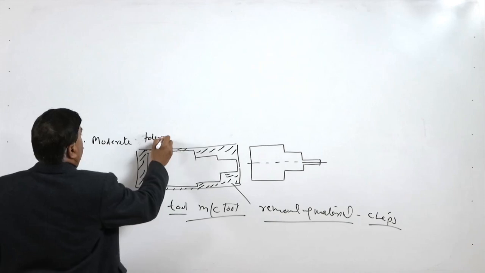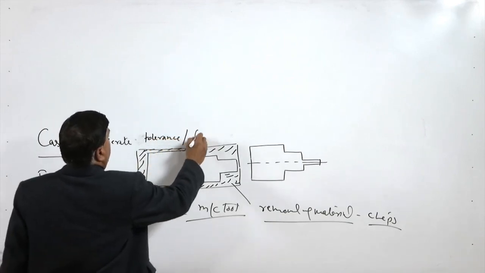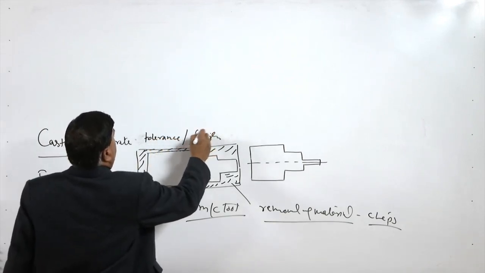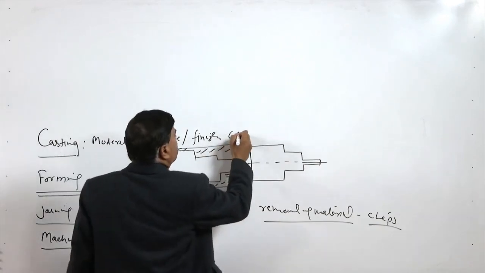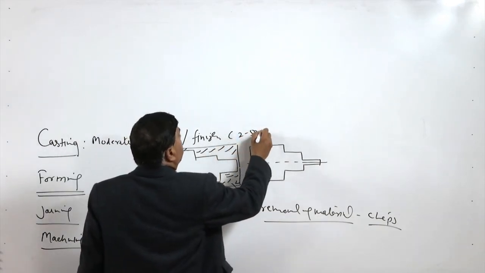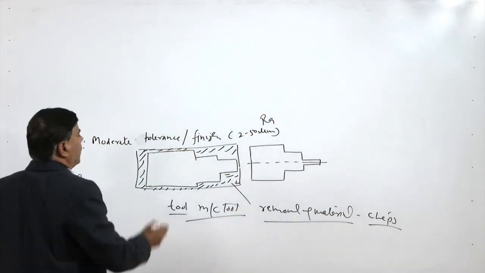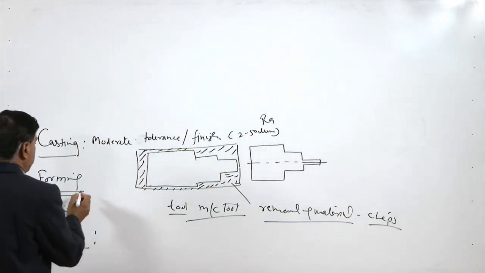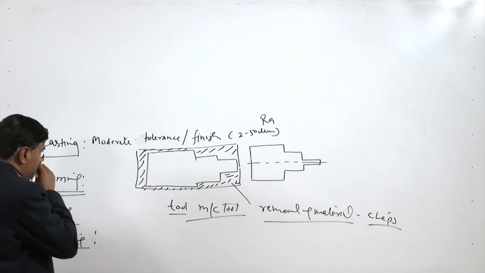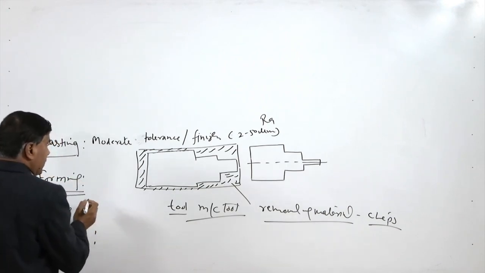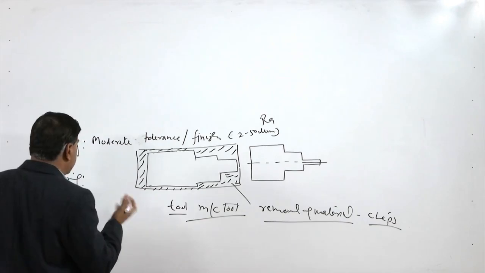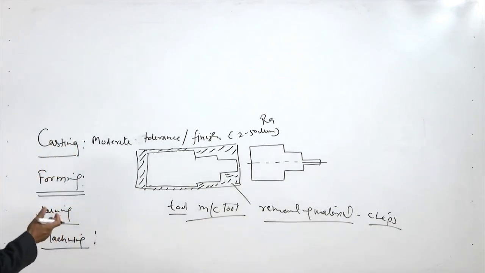Coming to the capabilities, the process is moderate in terms of the tolerance which can be achieved, and the finish is not very good. Like, say, finish may vary from 2 to 50 micrometer in terms of Ra, and the tolerance is also not very good. Similarly, in forming processes we can achieve really good finish for cold forming, but not for hot forming.